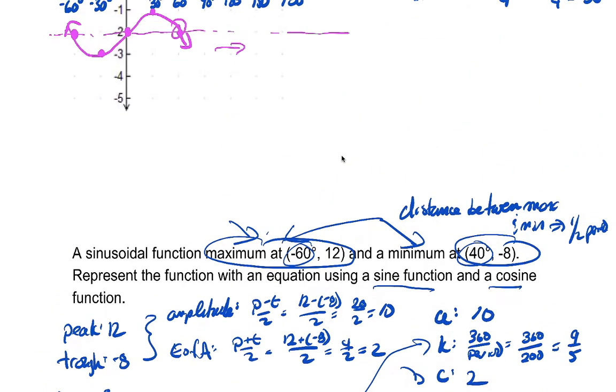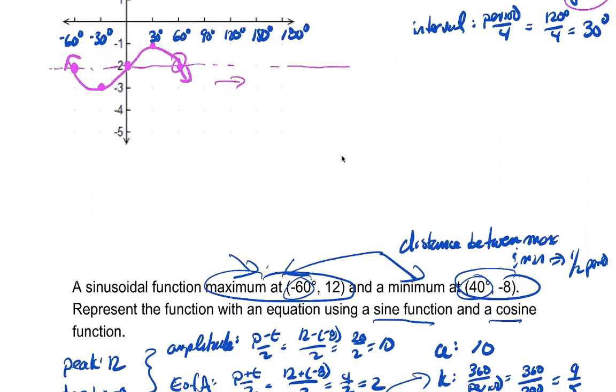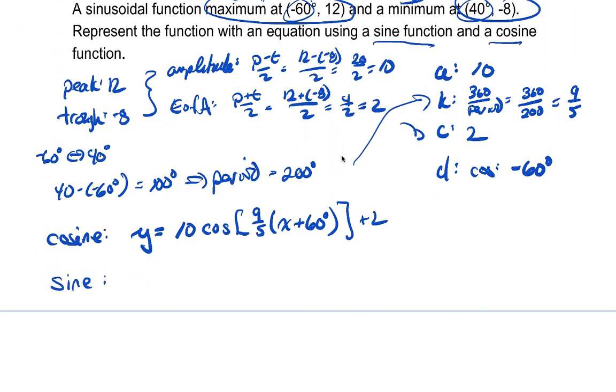Sine? Well, let's go back at sine and cosine. Really, we can think of the sine curve here as the same as the cosine, but shifted 1/4 of the period to the left. So the equation for this is 10, A doesn't change. Our equation is now sine. K doesn't change.